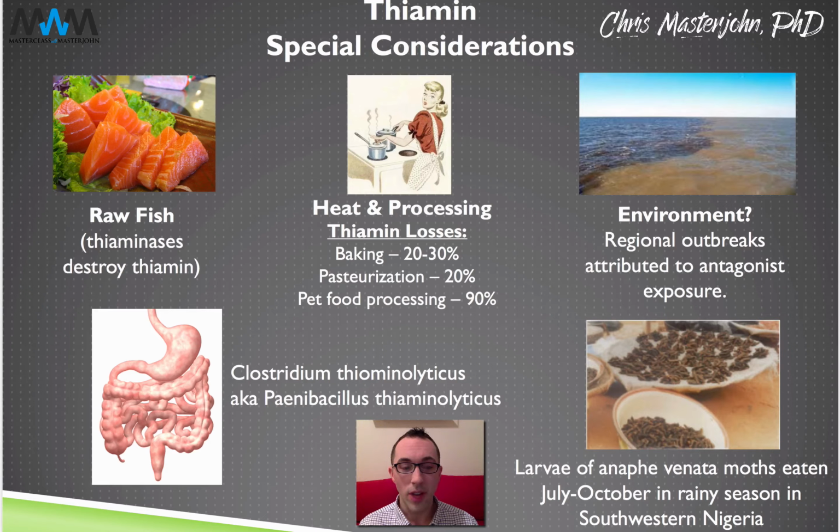However, there is a possibility that some people could have overgrowth of bacteria in the intestines that degrade thiamine or otherwise antagonize it. There are also regional outbreaks of thiamine deficiency among animals, for example, in dead zones around the Baltic Sea. And in these cases, what you find is birds that will have thiamine deficiency so intense that they have seizures or they're paralyzed.